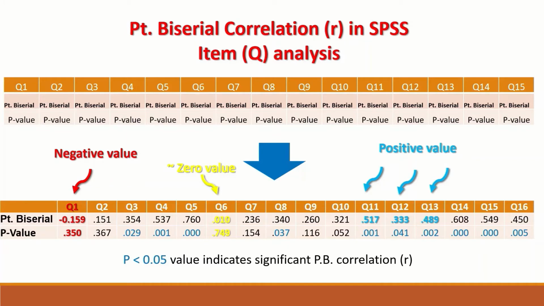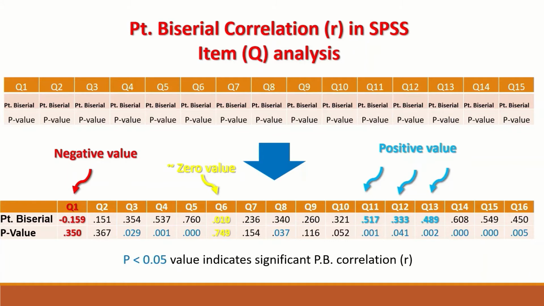Number 10 is a good question, and 11, 12, 13 I have described. Number 14 is a very good question. Number 15 is a very good question, and for number 16 I have the data, but it wasn't included in the tables. Number 16 is a very good question, as the p-value is less than 0.05.